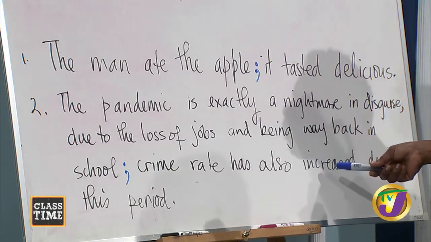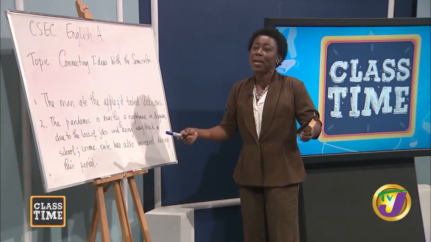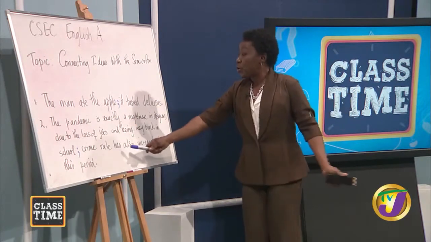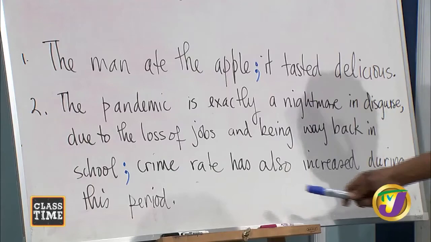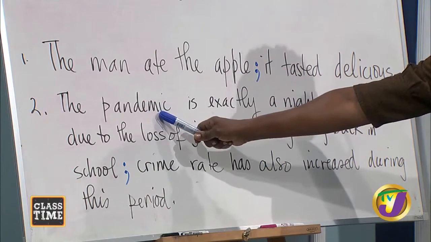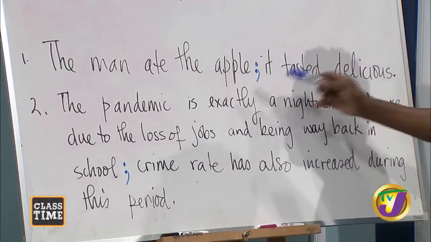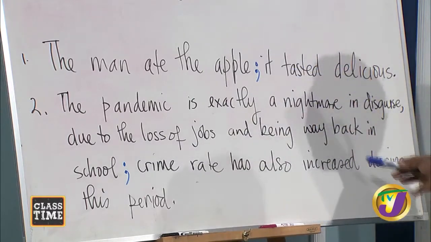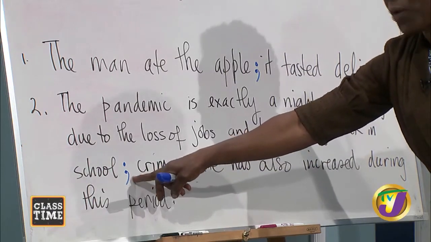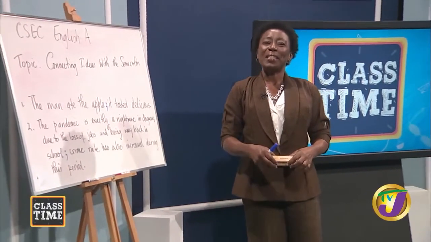When the sentence has something of itself in the former expression, as when we were looking at the fabrics and saw that you could find one color in the other. The crime rate has also increased during this period. What period? See it here? Pandemic. So that's how you see the relationship between the thoughts. Even though the two expressions are independent, they really need to be connected with the semicolon right here. All right then? And that's all we have time for today.